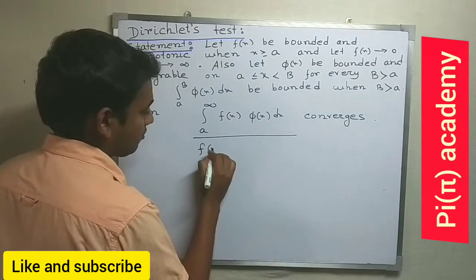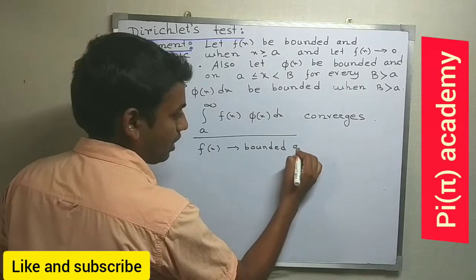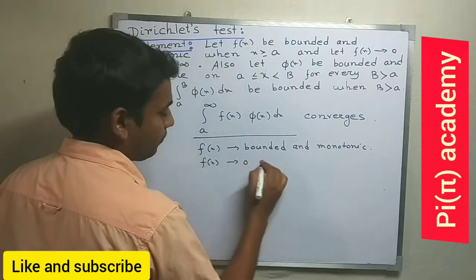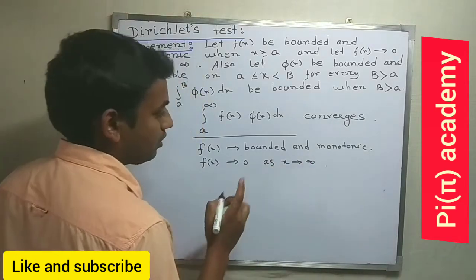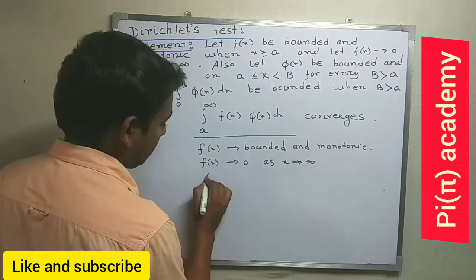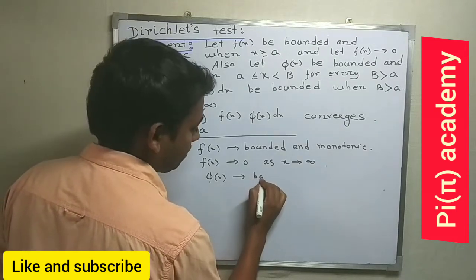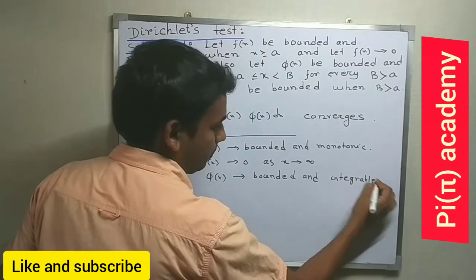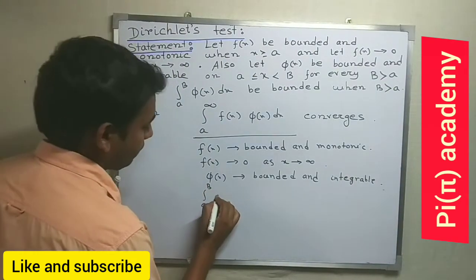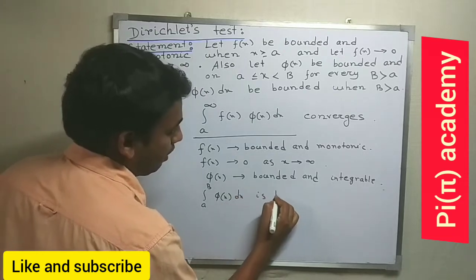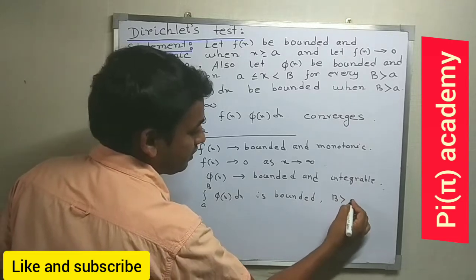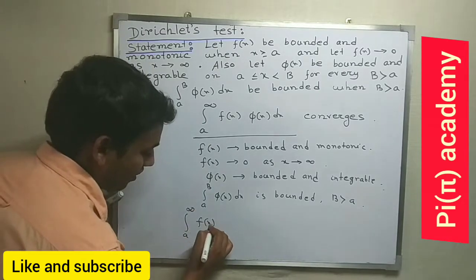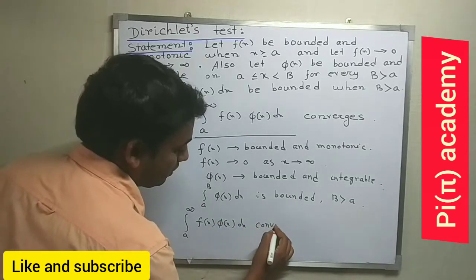If the function f(x) is bounded and monotonic, and also f(x) tends to 0 as x tends to infinity, and there is another function phi(x) that is also bounded and integrable, and also the integral from a to b of phi(x) dx is bounded for b greater than a, then by the Dirichlet test we can say the integral from a to infinity of f(x) phi(x) dx converges.